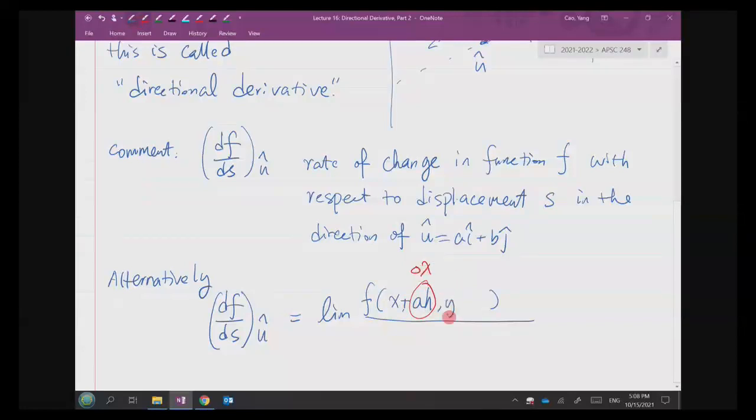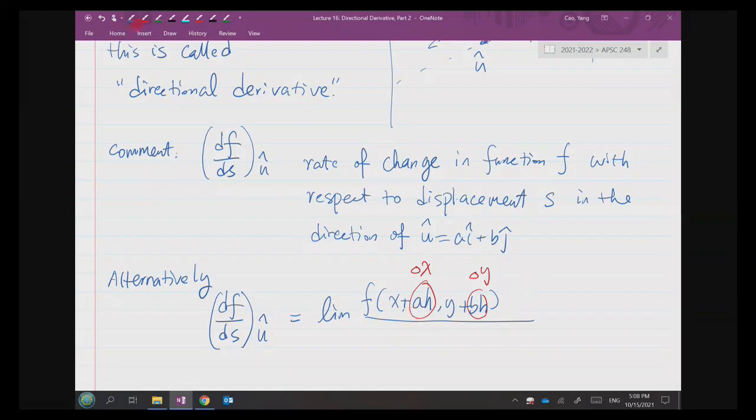And then the y, same thing. I can use y plus bh. So the bh, this one here, is delta y. So you have a very small change in the y-axis direction, and then here you have a small change in the x-axis direction.